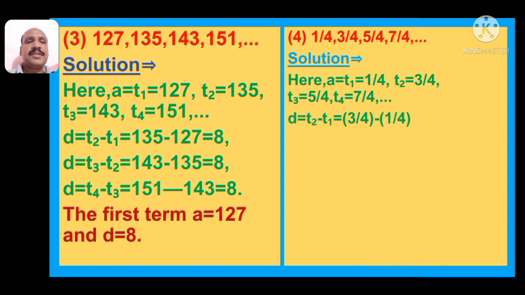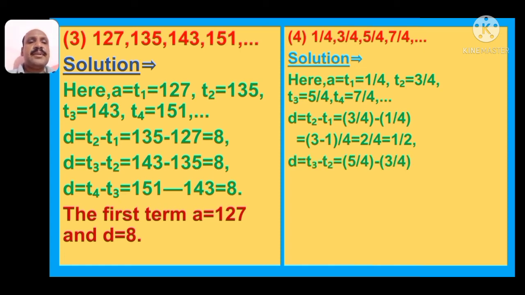Now we'll find the difference between two consecutive terms. D is equal to T2 minus T1, which is equal to 3 upon 4 minus 1 upon 4. When we calculate this, 3 minus 1 upon 4 is equal to 2 upon 4, that is 1 upon 2.